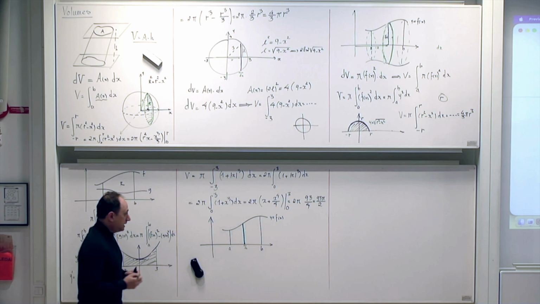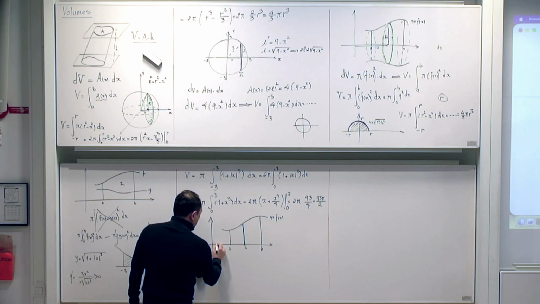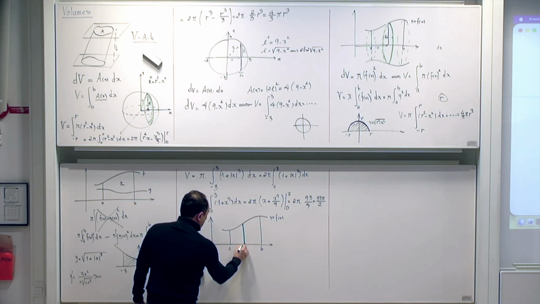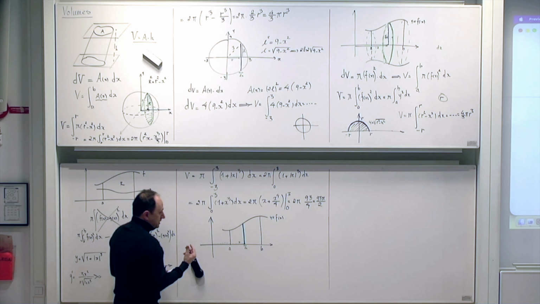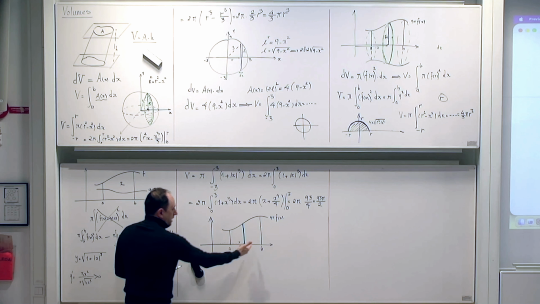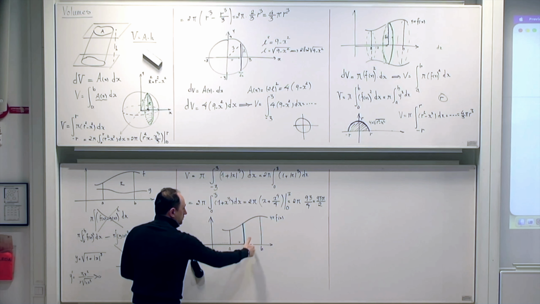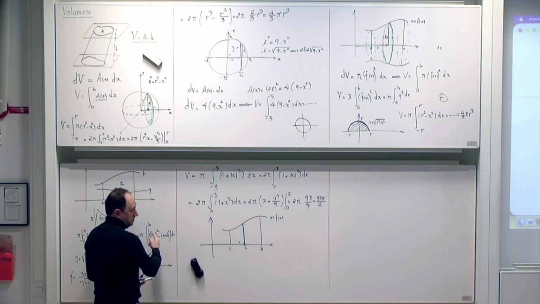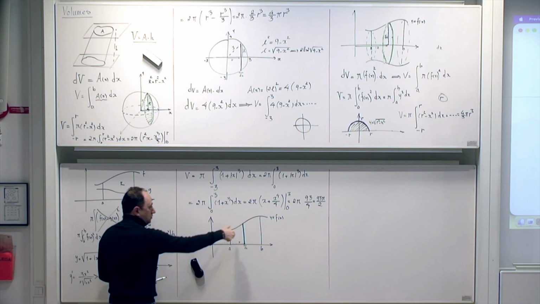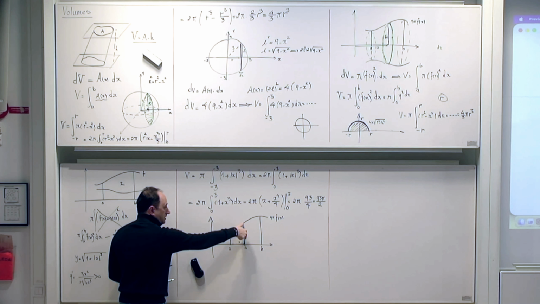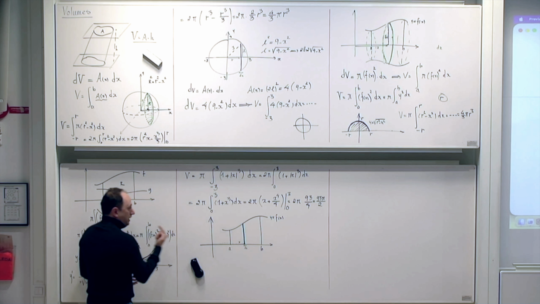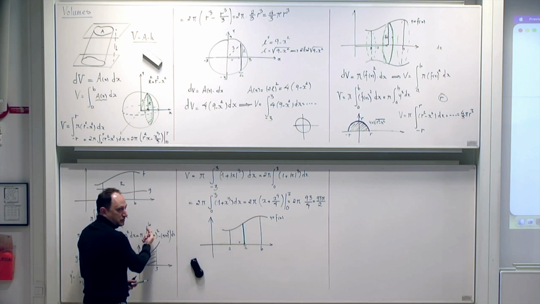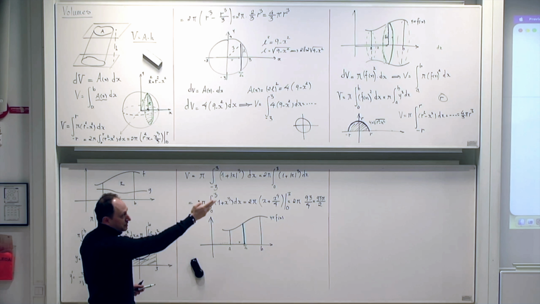And from here to here, this is my x, which will change from A to B. But now I want your imagination a little bit. My goal is to rotate the whole region about the y-axis. I want to slice it into these thin rectangles and rotate each thin rectangle around the y-axis. You can also help yourself from the picture.